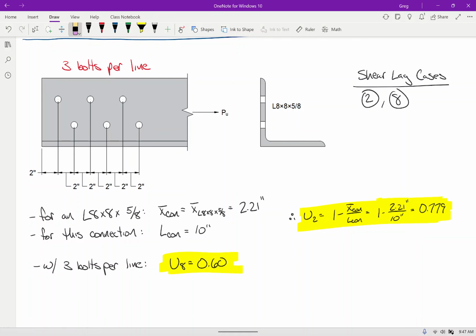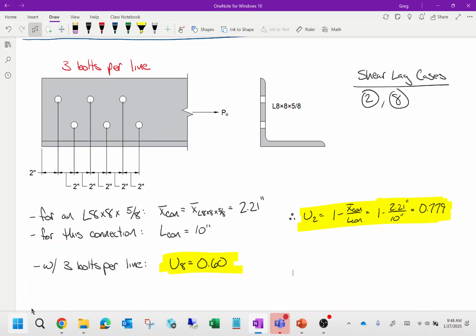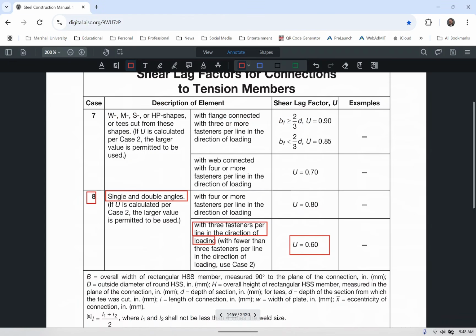0.6. Now, I'll say this. In 99% of the cases, that would be the correct gut feeling, because you would want to use the minimum one, since the minimum corresponds to a conservative estimate of capacity. But because these are empirical, what the manual says is the following: if U is calculated per case 2, the larger value is permitted to be used.